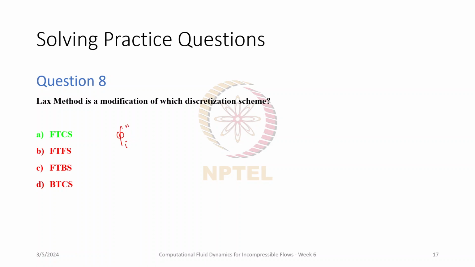So basically forward in time, this is how the first term gets discretized, and central in space, I plus 1 n minus I minus 1 n. This is the FTCS scheme unmodified.